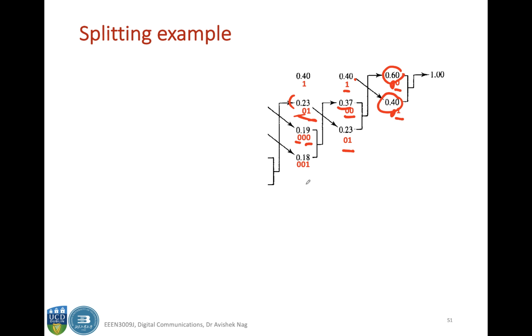another 0 here and another 1 here. This 0.37 comes from 0.19 and 0.18. So this 0, 0 comes here with another 0 added here and another 1 added here. We will follow this same pattern. So this 0, 0, 0 goes here, and this 0, 0, 1 goes here.